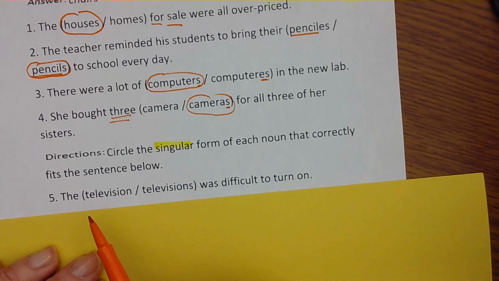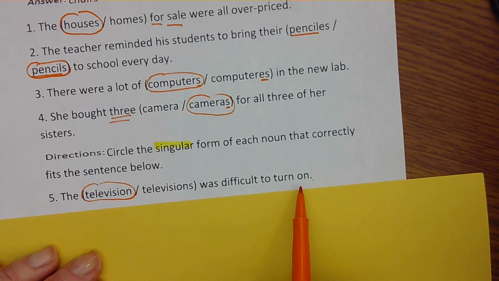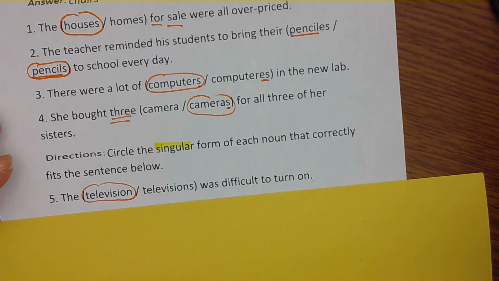And once again, this is important as a reader, that when you're reading, you go all the way to the end of the sentence, to that punctuation mark, so that you can read the words correctly, and we're not adding suffixes if we don't need them. Because this is just one television. The television was difficult to turn on. The televisions was difficult to turn on does not make sense. Let's do one more.